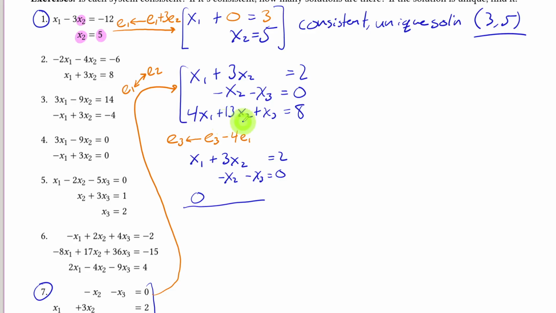So 13x2 minus 12x2 is plus 1x2. And then we have x3 minus 4 times 0x3, so that's just x3. But then we have 8 minus 4 times 2, that is 0. Now we have a system of equations that's still equivalent to the previous one.